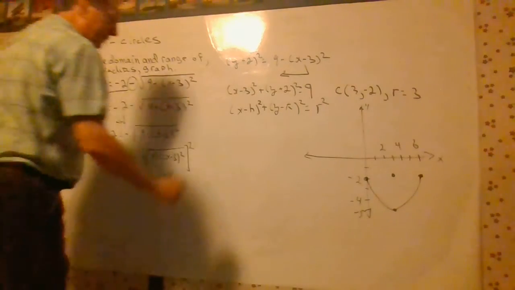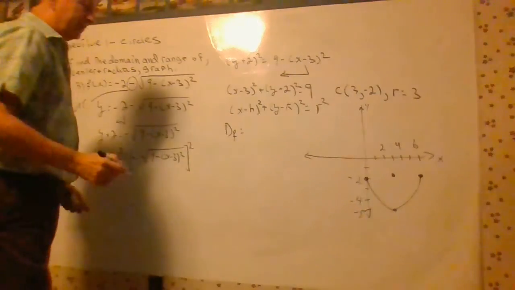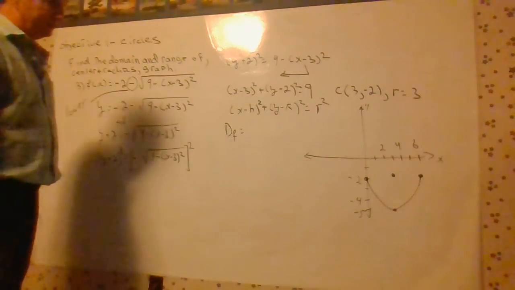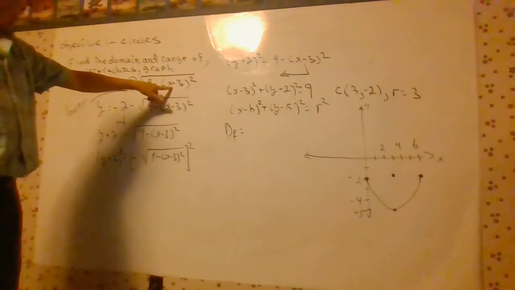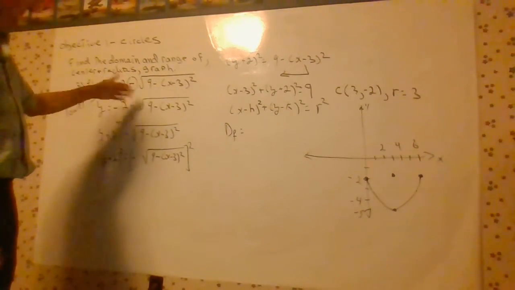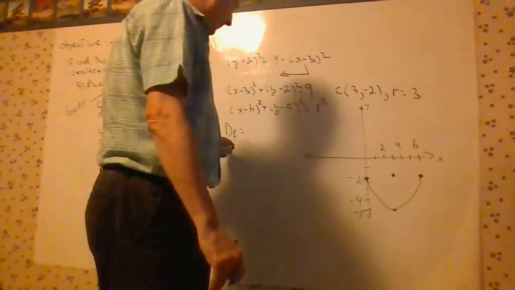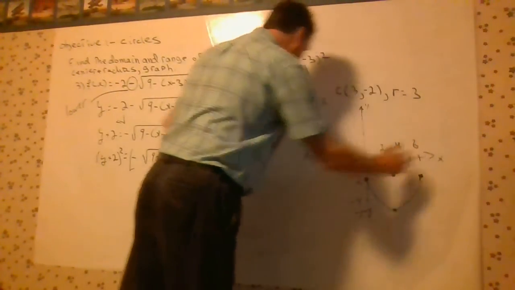So now as far as the domain is concerned, we have the graph to go by, easy peasy. Not that easy to analyze this function, by the way. You could set up a quadratic inequality to find the domain, and then the range, well, you could fudge that a little bit using some analysis. But in any event, the domain in this case is simply from 0 to 6.